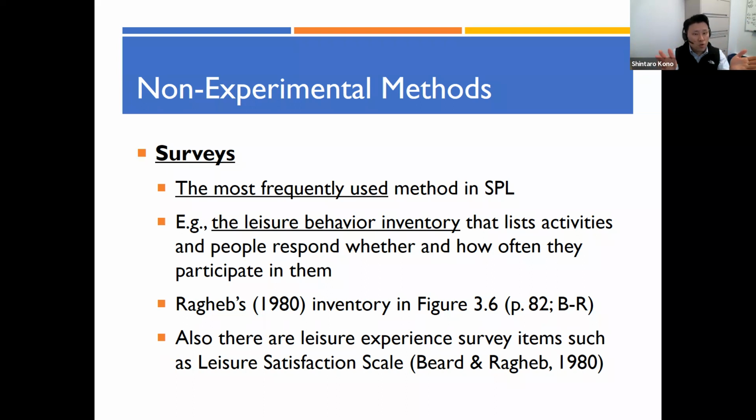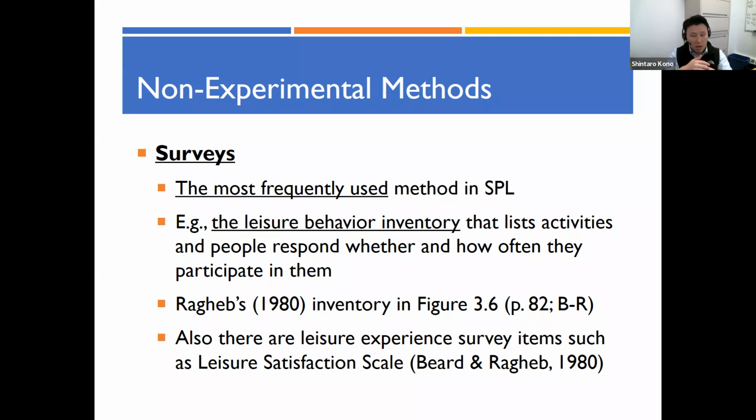One of the most frequently used, actually the most frequently used non-experimental method in the social psychology of leisure is the survey, okay? There's some inventory list of questions and activities related to leisure behavior, how often they participate in those things. You already saw Rahib's inventory of recreation activity in the last in-person class on Friday.